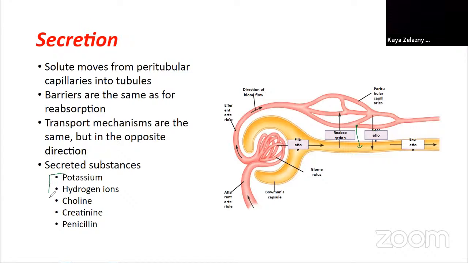So potassium and hydrogen ions are going to get secreted, but we're also going to see some other things: choline, creatinine, and penicillin. So drugs may be secreted here as well. These are things you could observe in the urine, right? If you secrete something, move it from the blood into the nephron, that means it's in the filtrate now, which means you're going to be able to observe it in the urine.